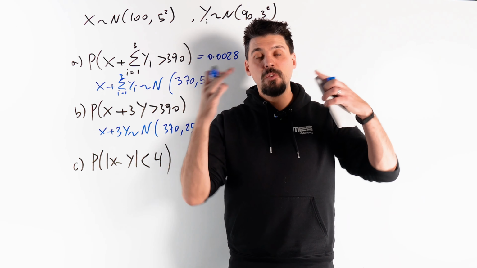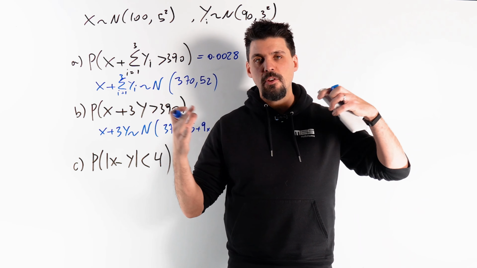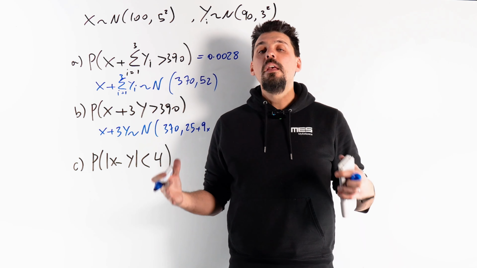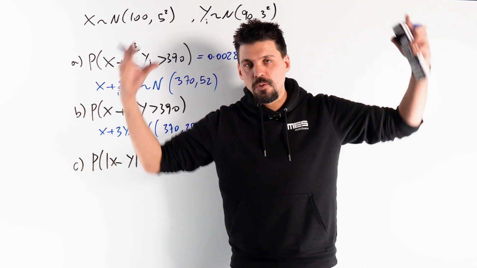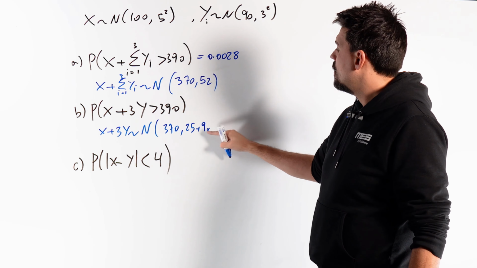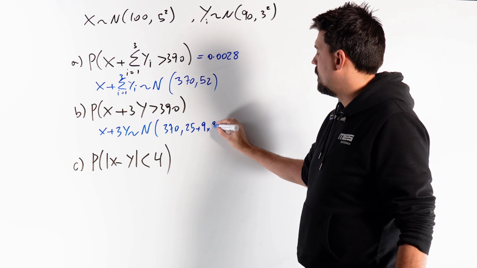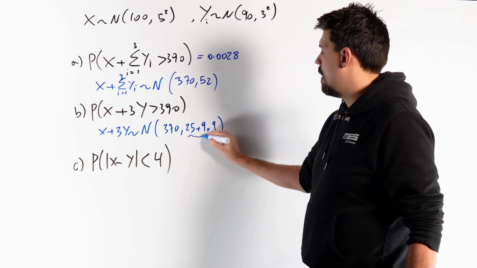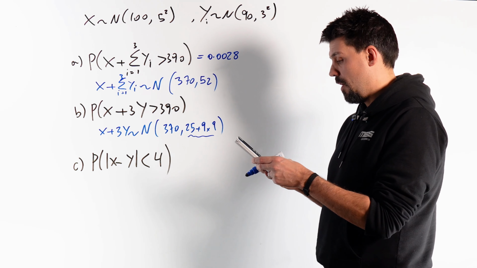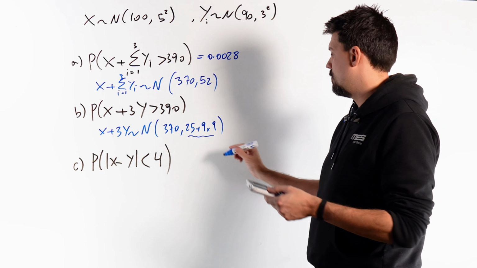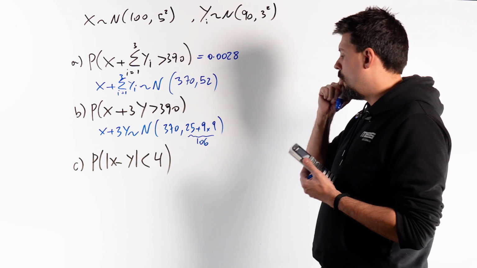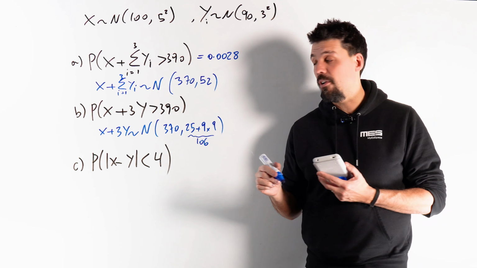Why? Because variance is squared. If I scale every single value of Y up by 3, the spread, the variance, gets multiplied by 3 squared. That's the big difference here, because it will be 9 lots of 9. So 25 plus 81 is 106. So we have almost over twice the variance here.